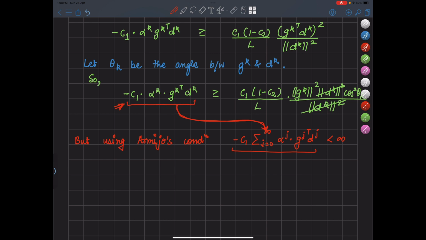So if we apply the summation on both sides of this inequality and use this relation, what do we get? We get C1 (1 minus C2) upon L, which is the constant term, and sigma k equal to 0 to infinity of norm g_k squared cos squared theta_k should be less than infinity. This should be finite. Alright, so by using these two inequalities we get this relation. I hope this is logical and understandable.